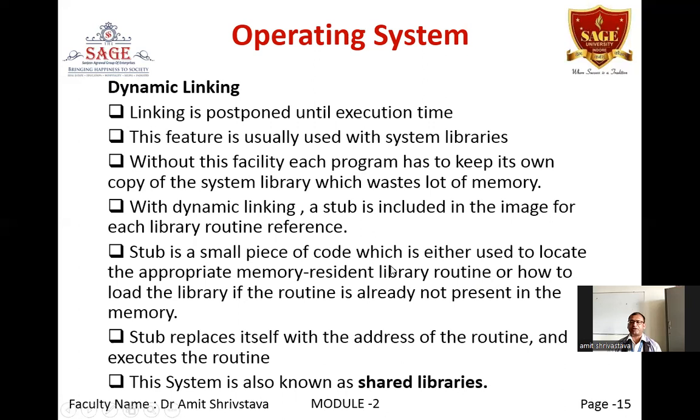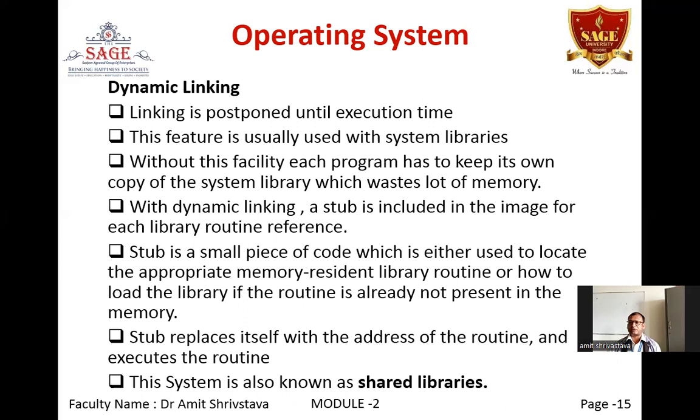It means that if any one program has already loaded a particular library routine like the iostream.h header file, then the stub will see that. If a second program also requires the iostream.h header file, then the stub will check whether that header file is already present in the main memory. If it is, then it will simply link that same iostream.h header file with this program also.